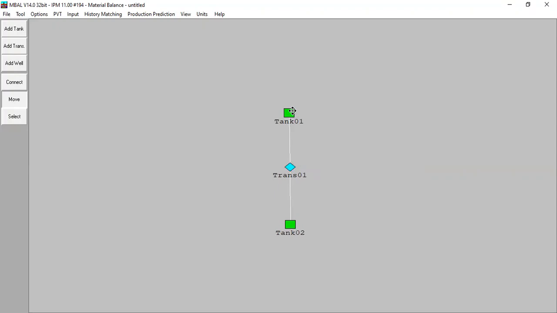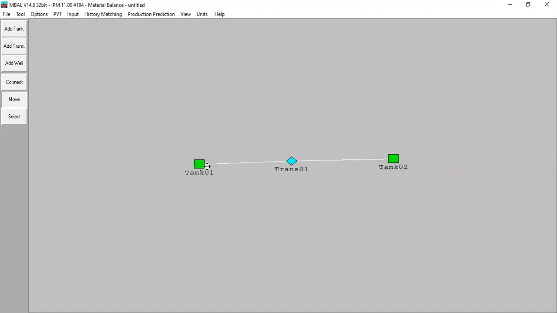Tank 1 initial pressure is 4,000. Tank 2 initial pressure is 4,000. Maybe it is better if they are at the same level, so that they have the same reservoir pressure of 4,000. Yeah, it will be better like this at the same level.